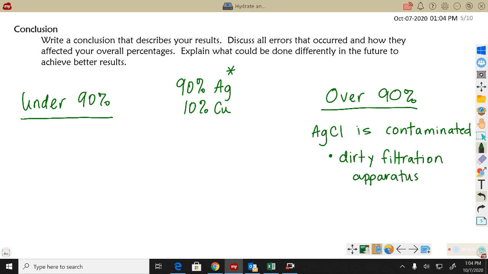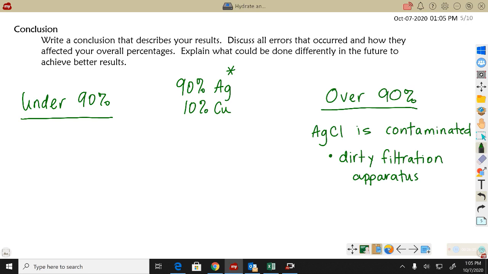And I think I kind of show you that in the video, because I could see the next day once everything was dry that the silver chloride is supposed to be white, and there were some little dark gray speckles in there. I think it's from that filtration apparatus that I didn't clean out real good before I used it, and maybe I should have.